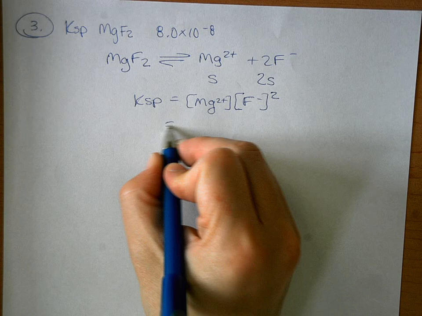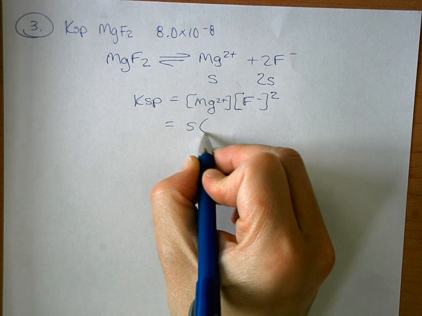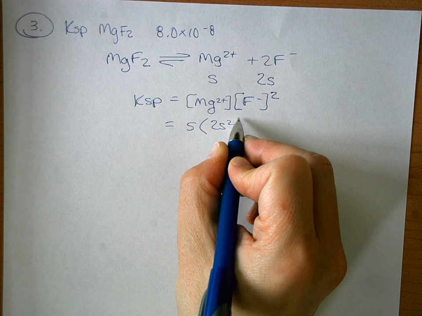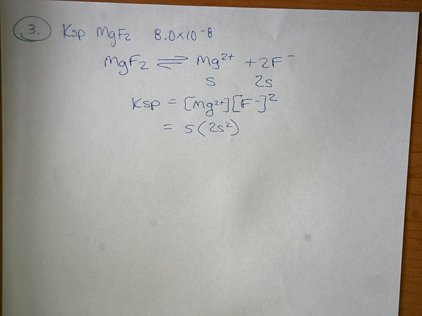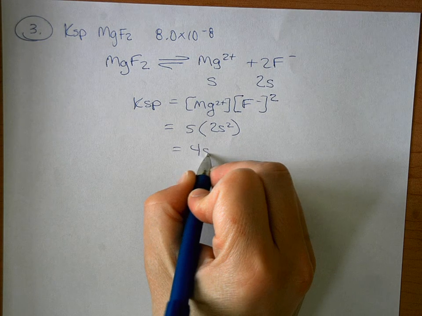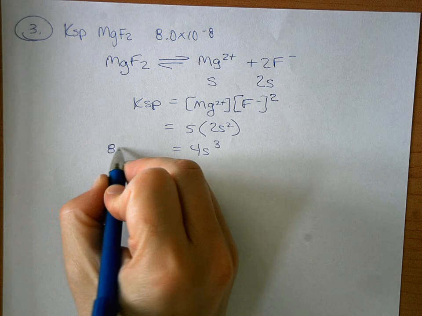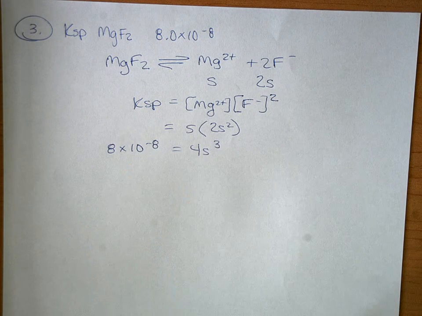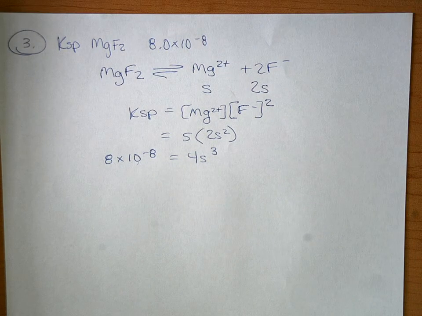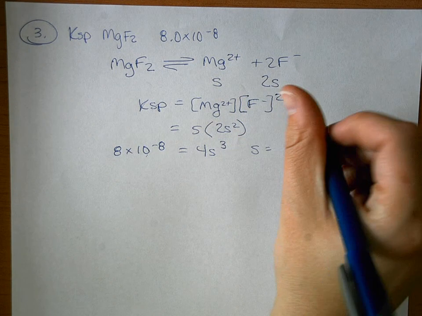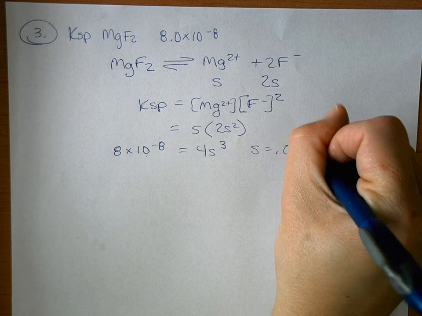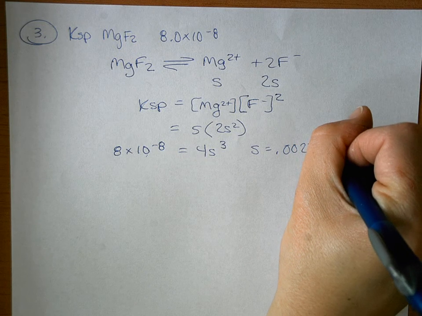So it would be S times 2S squared, which is equal to 4S cubed, and I'm trying to solve for 8 times 10 to the negative 8, which is my Ksp. So solving for S gives me my molar solubility is 0.00271 molar.